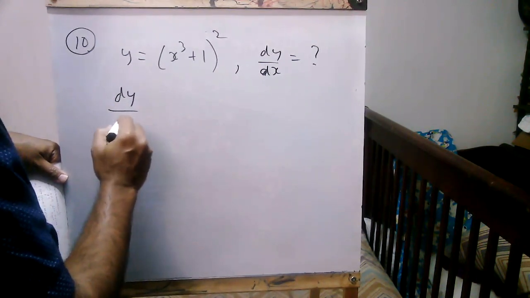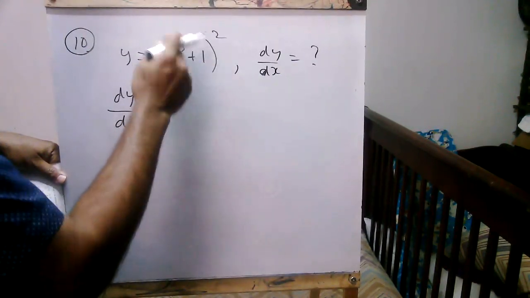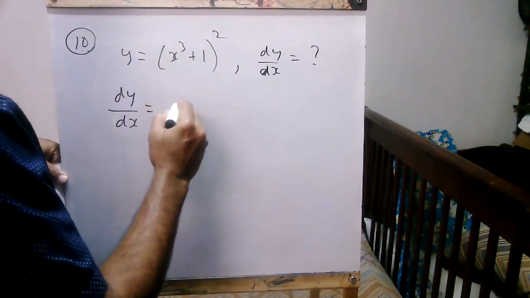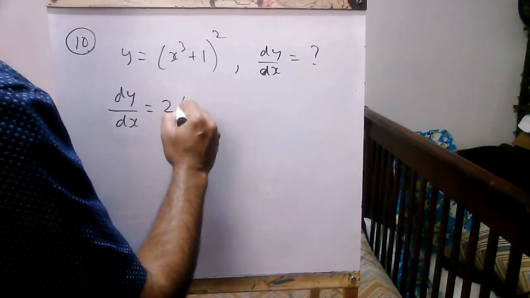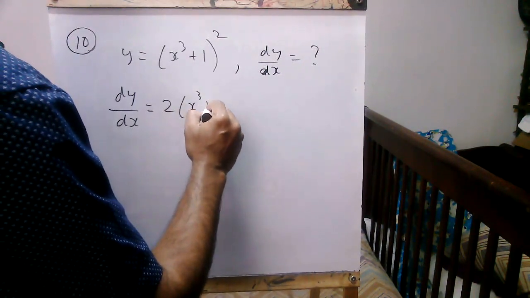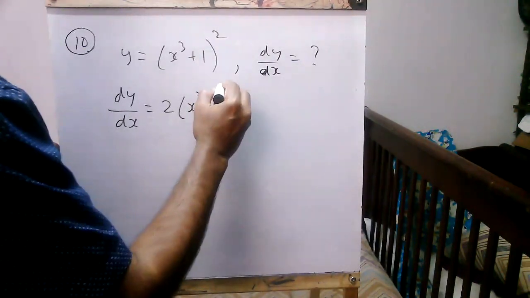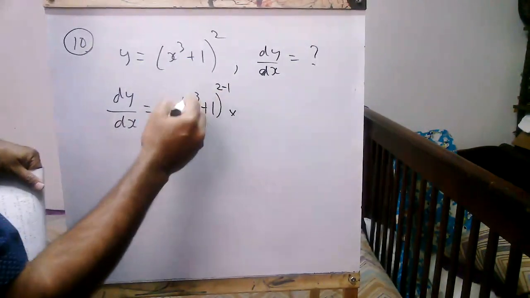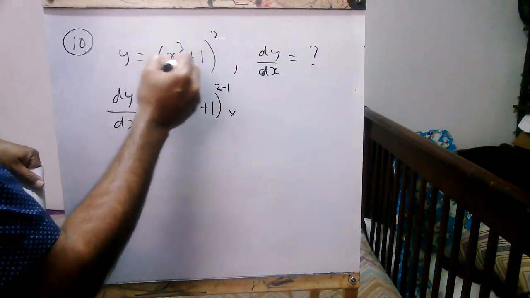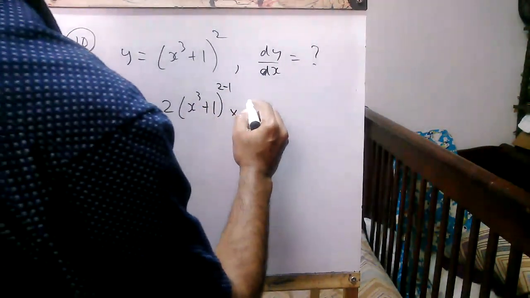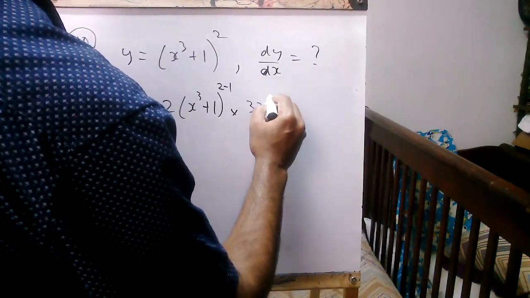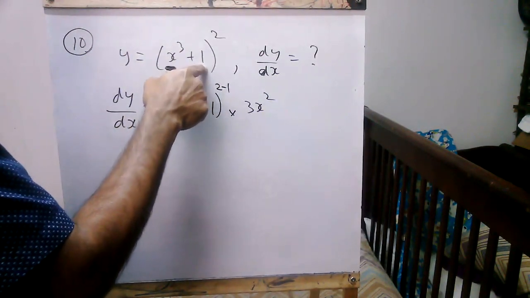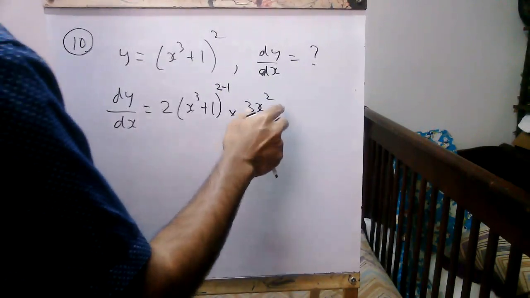dy/dx, we use the chain rule. Two times (x cubed plus 1) to the power 2 minus 1 multiplied by the derivative of the internal function. The internal function is x cubed plus 1. The derivative is 3x squared using the power rule, plus the derivative of the constant is 0.